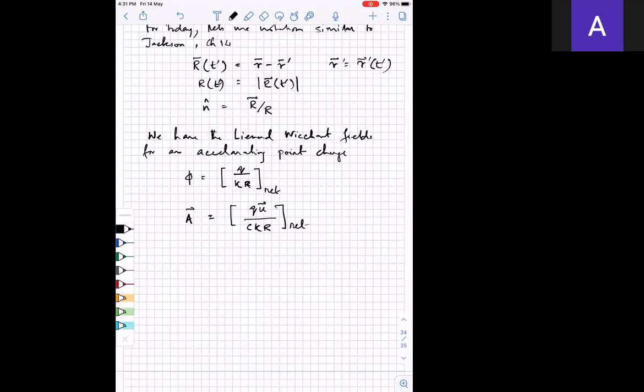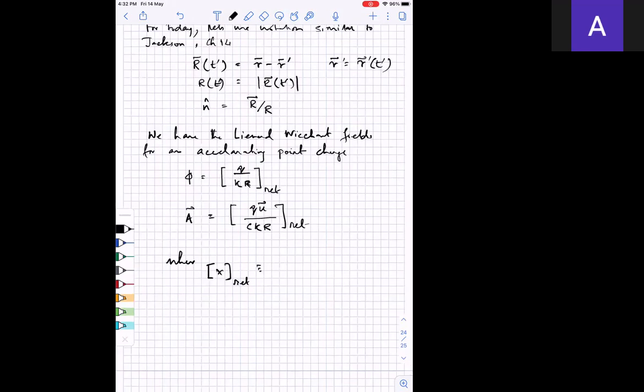The whole point is that this square bracket with retarded means that anything x within the square bracket has to be evaluated at the retarded time, so x at r prime and t minus the magnitude of r minus r prime by c.